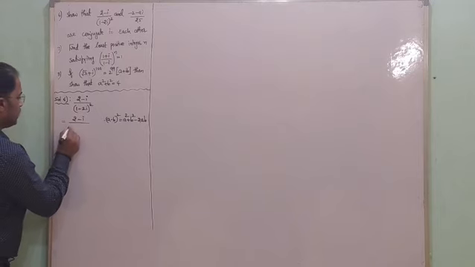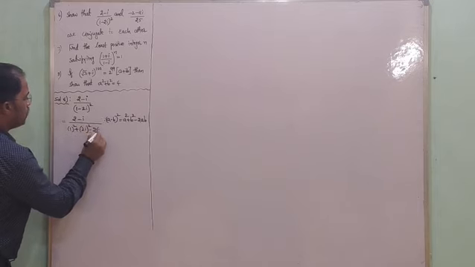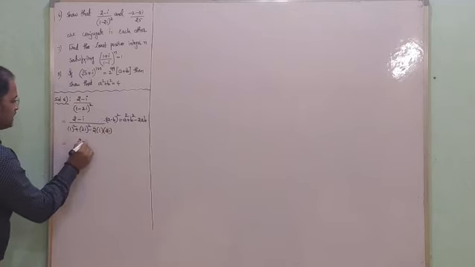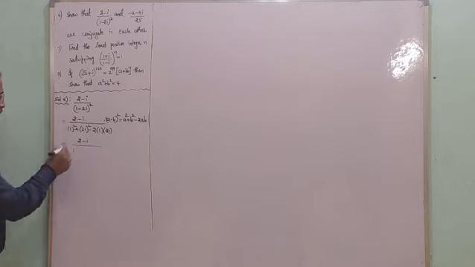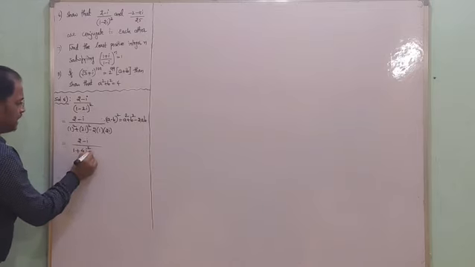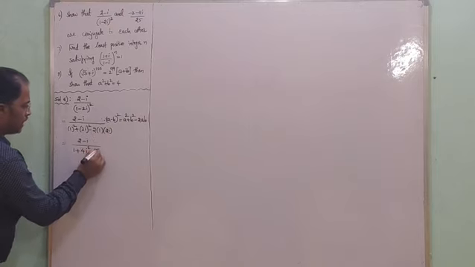So a square plus b square means (2i) whole square, minus 2ab. Clear? So the numerator as it is, 2 minus i, then 1 square means 1, plus 2 square 4, and i square, minus 2 into 1 into 2, 2 into 2 is 4i.